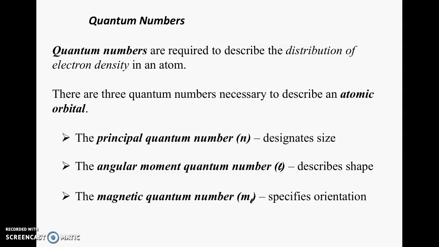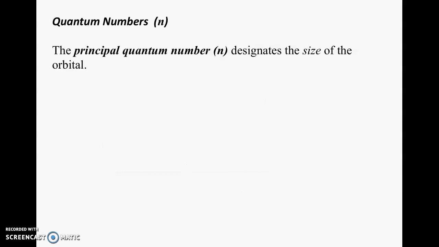So that's just like n being the number of rows in the periodic table. The angular momentum quantum number, which is given the letter L, describes the shape, and the magnetic quantum number describes the orientation. So in other words, whether it's along an x, y, or z axis. And so we're going to look at this a little more closely.